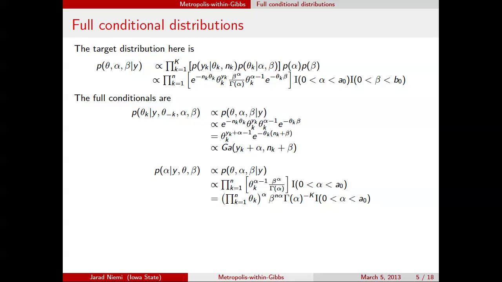So, just to reiterate the question for those maybe listening online, the question is about the full conditionals for theta k being independent of all other theta k's, and when this occurs. Your statement is that it only occurs because I assume that they're gammas. It's true because I assume that they're independent in the prior, not because I assume that they're gammas.